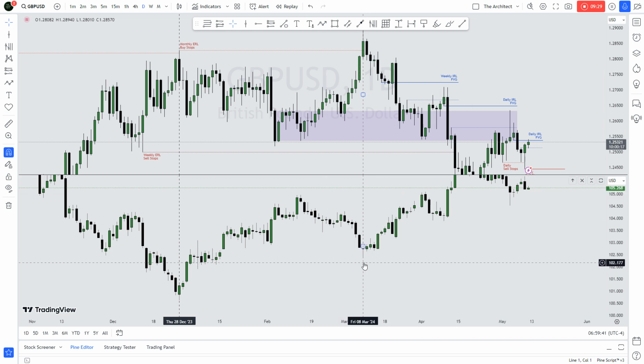So from an institutional perspective, we have an understanding that only smart money has the liquidity to do such a thing, to buy the market at such a point, such that the market doesn't continue all the way down there to take those sell stops out, right? So this is smart money's influence. So you're having an understanding that smart money is currently accumulating orders in the DXY at the moment.